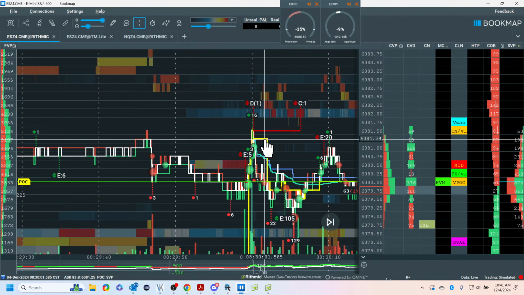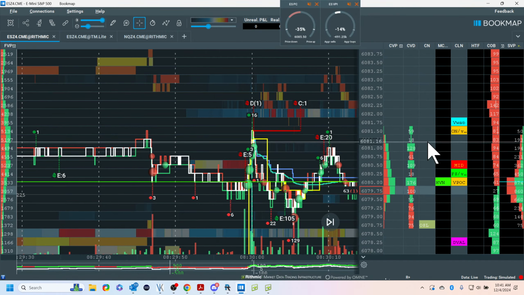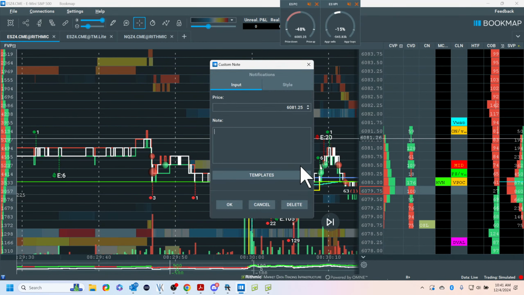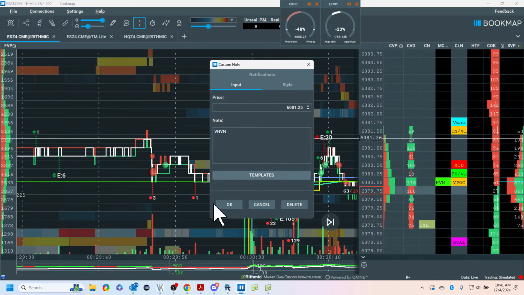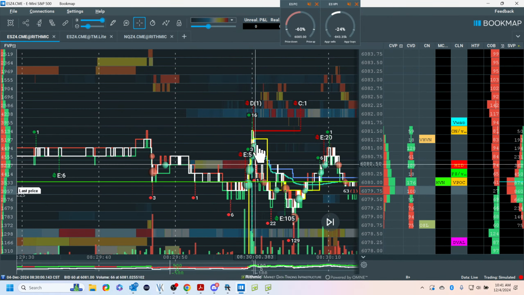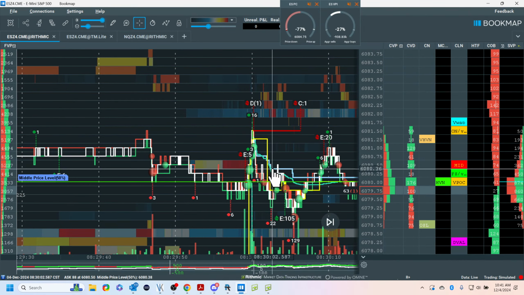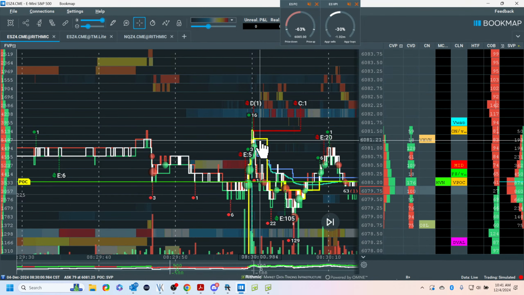So this is called a variable high volume node. And I made all this up back in the day because I didn't know what to call it. And nobody else was doing it this way that I was aware of. And this is in the mid 1980s. So I started observing behaviors. And I said, well, what does it mean? You ever ask yourself, what does it mean? Well, I ask myself, what does it mean? It isn't just there's a line on a chart. What creates it? What's the behavior?